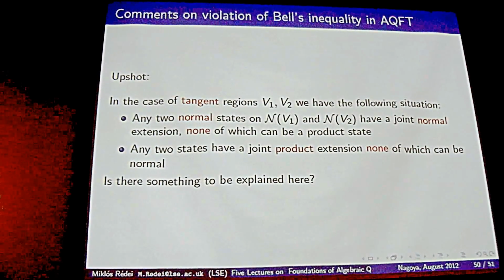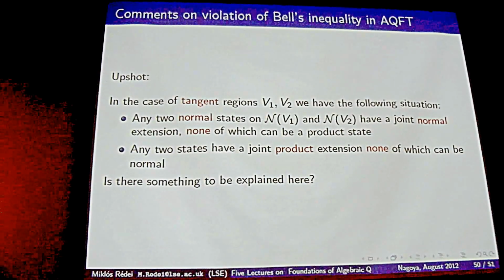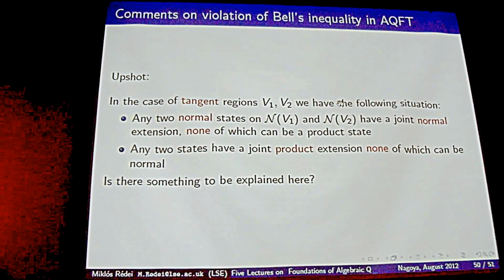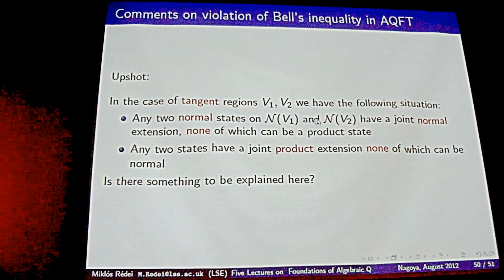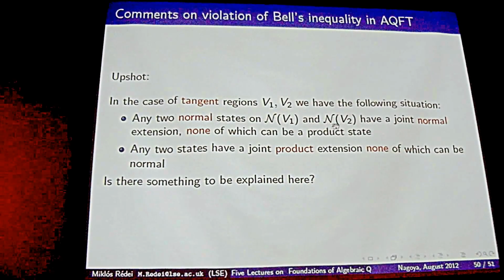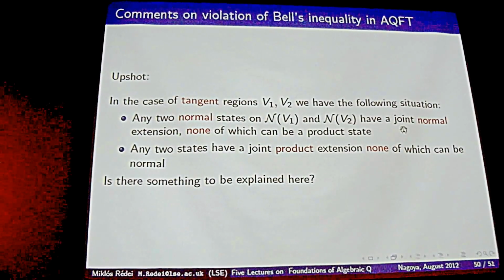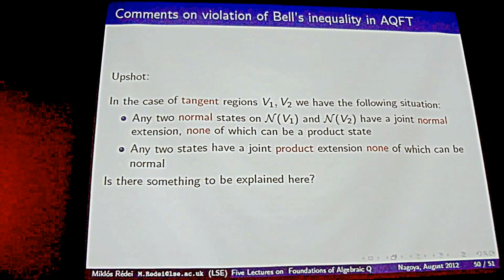The point here concerning the Bell inequality situation is the following: if you are in the tangent regions, which are space-like, tangent but space-like, then any two normal states, because of the W-star independence of these algebras, have a joint normal extension.